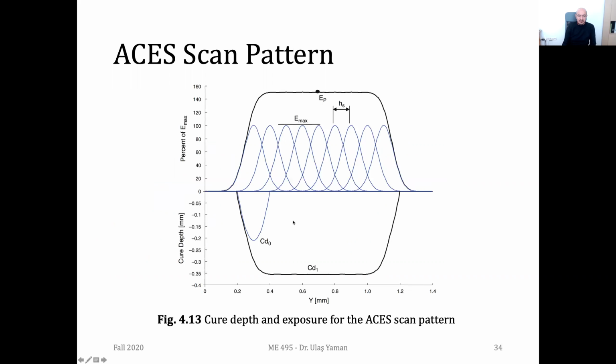Yes, this is actually the summary of what we discussed. This is the initial curing depth if you use a single laser pass. But if you have multiple passes, like 3 passes here, that will be the curing depth you can obtain. As you see, initially it's 0.2 to 200 micrometers, but with 3 passes, you can increase it to 350 micrometers.